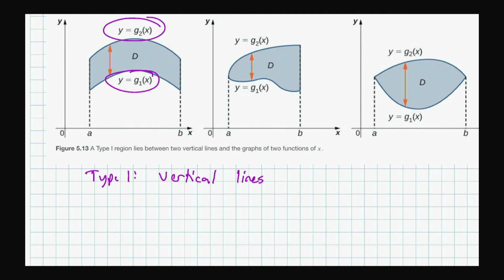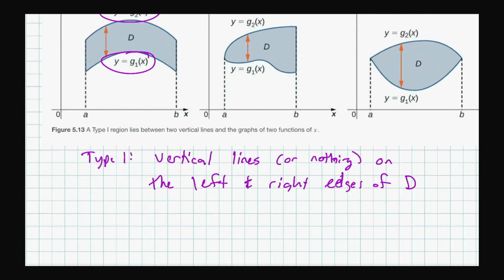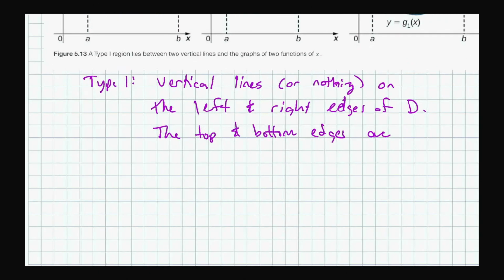So vertical lines or nothing on the left and right edges of the region D. And then the top and the bottom edges are curves, y equals a function of x.